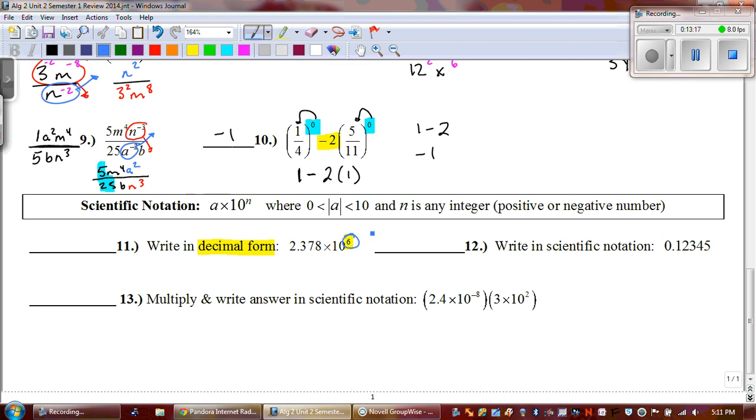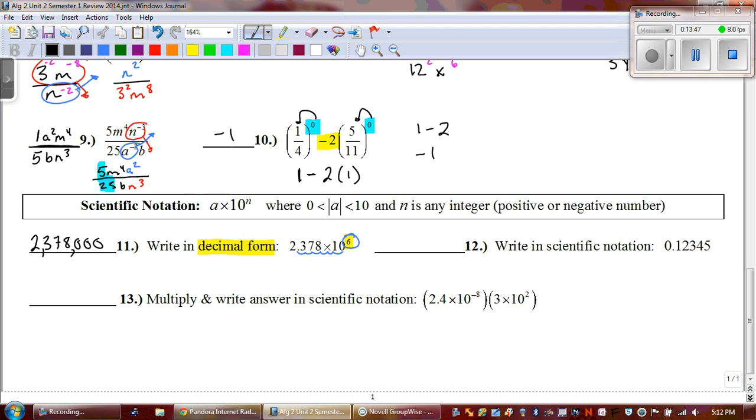It's a positive, so I'm going to move the decimal to the right 1, 2, 3, 4, 5, 6 times. Then we just put some commas in there, so we know that it's 2,378,000.